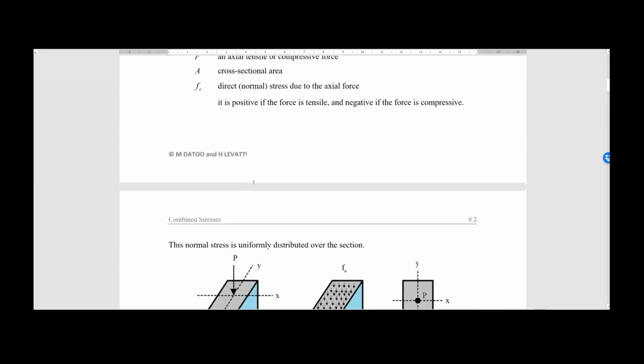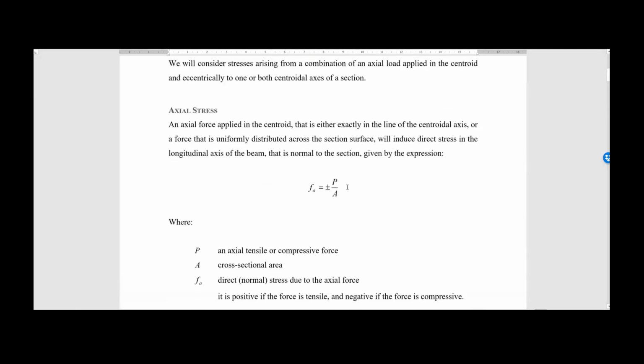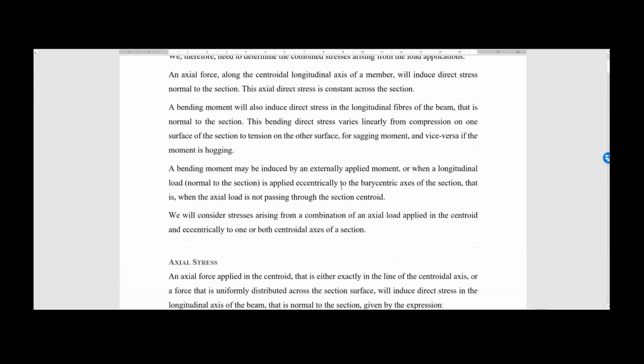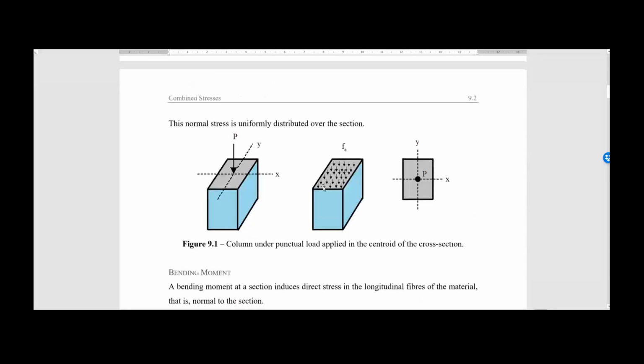So just as a matter of advice, try to see the way this deforms. This is the key. If you see how the structure deforms and how the moment produces these rotations around the different axes, you will see clearly where you had compression and where you had tension.